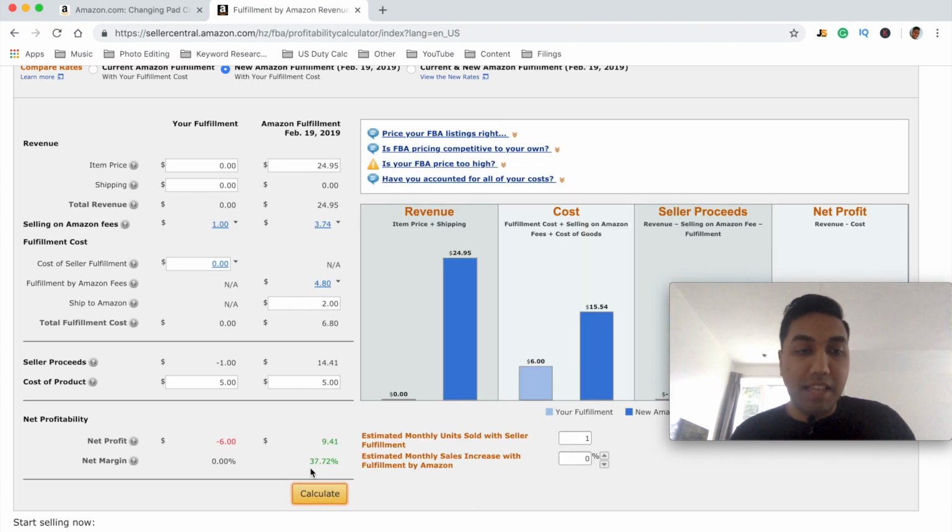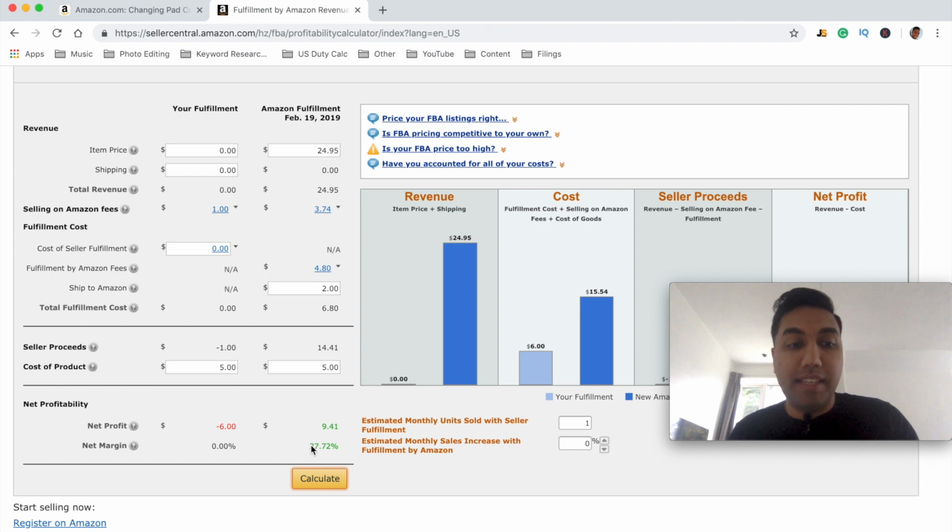Now as you can see at the bottom here, we can see the net profit here is $9.41 per each unit that you sell. So every unit that you sell, you will make a profit of $9.41, and that's a decent profit margin. The next bit here you want to look at is the net margin, which comes in percentage form. Now my absolute rule is to make sure that the profit margin is no less than 30%.